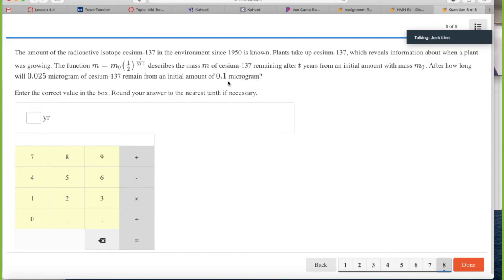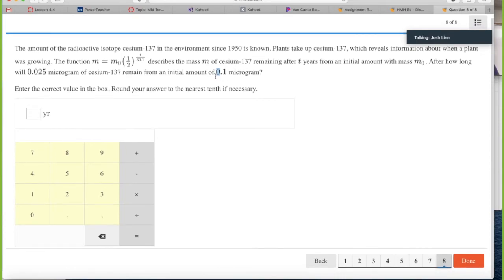Okay, so we got to start plugging stuff in. So we got an initial amount, m naught equals, let's go ahead and write it over here. M naught equals 0.1. M is the mass after however many years. In our case, m is equal to 0.025. So then we just plug all that stuff in.